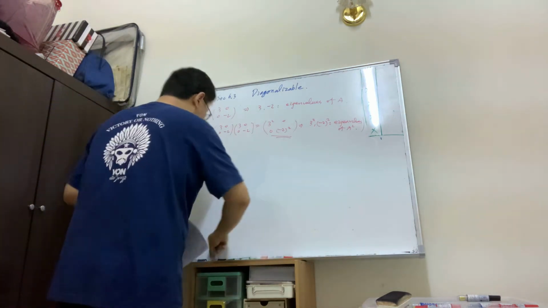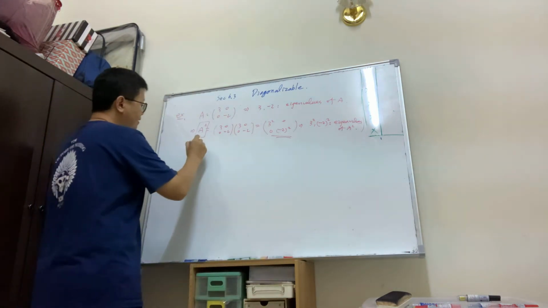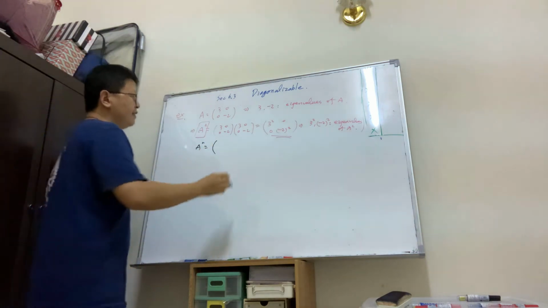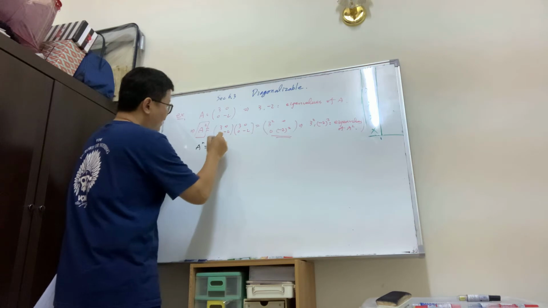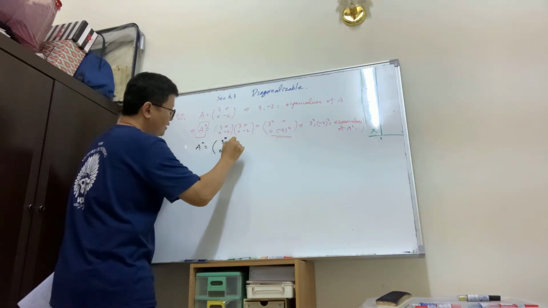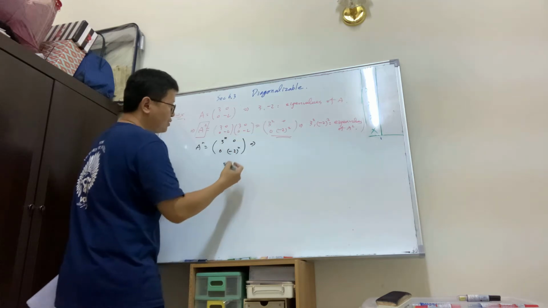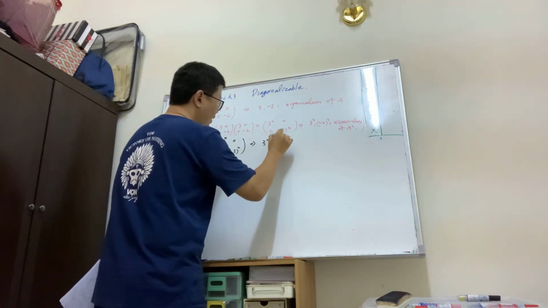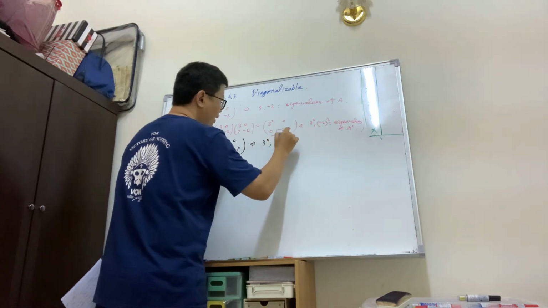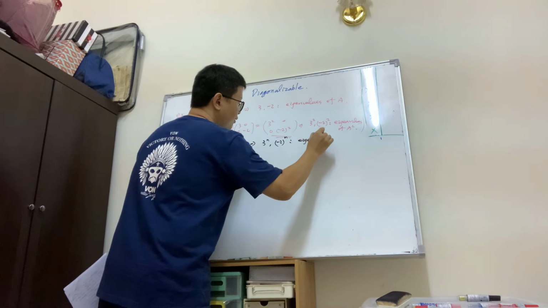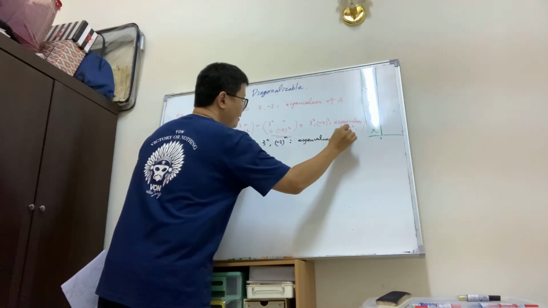If you consider A to the power of n, then following a similar way, you will see it's of this form. Then what can you say about its eigenvalues? They are exactly 3 to the power of n and -2 to the power of n, the eigenvalues of A to the power of n.